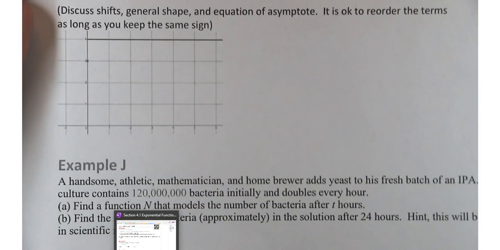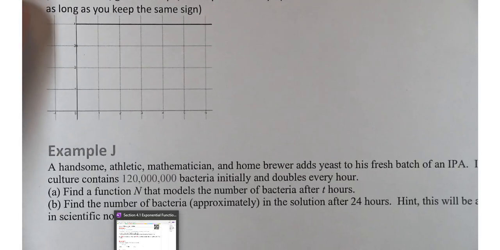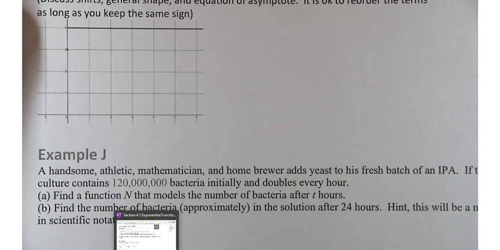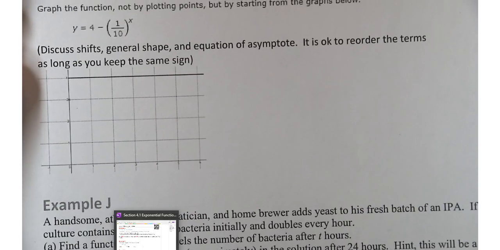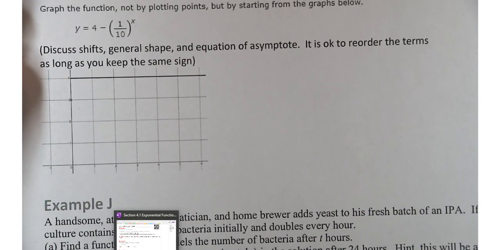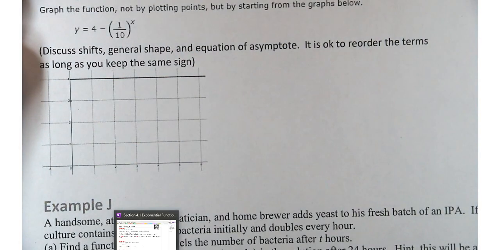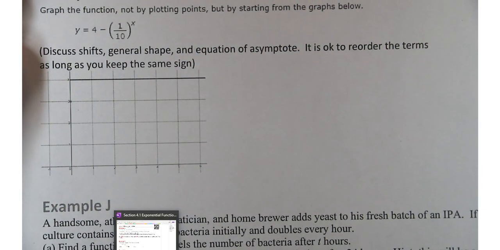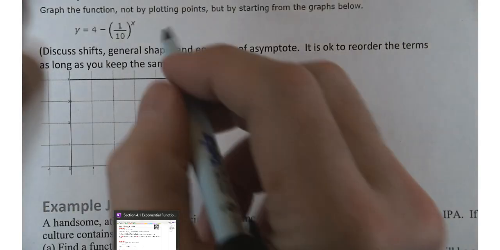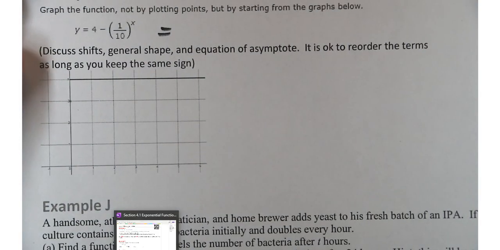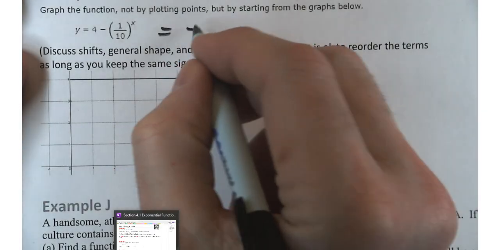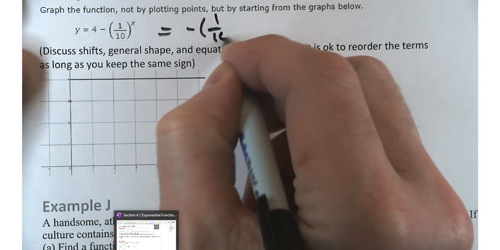Let's jump on down to, let's see, examples I and J. If I was looking at this one, I'd probably rewrite it a little bit. Personally, I like the exponential part in front.